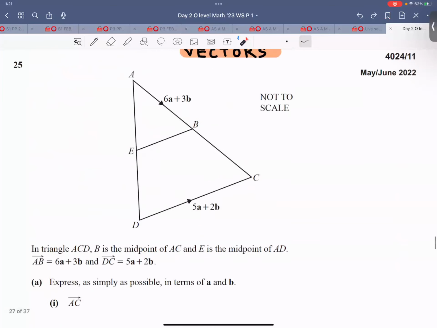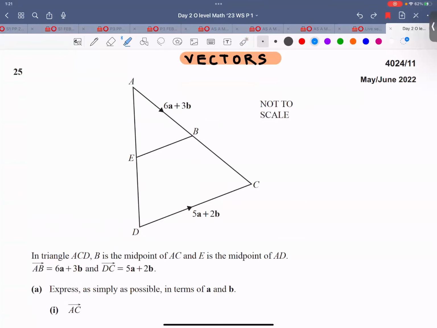Now, first of all, let me draw some colored arrows over here, colored vectors. Now, this is AB and this is BC. Since B is the midpoint, the purple vector and the green vector are exactly the same. So this is also 6a plus 3b in this direction.